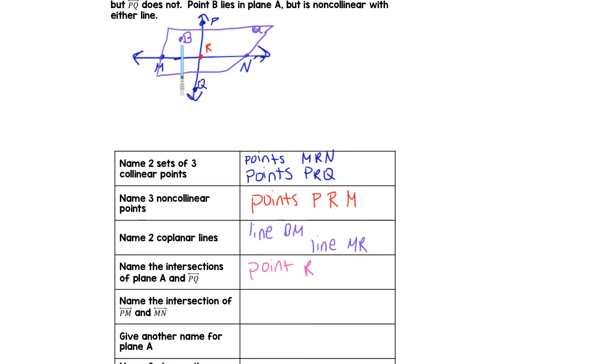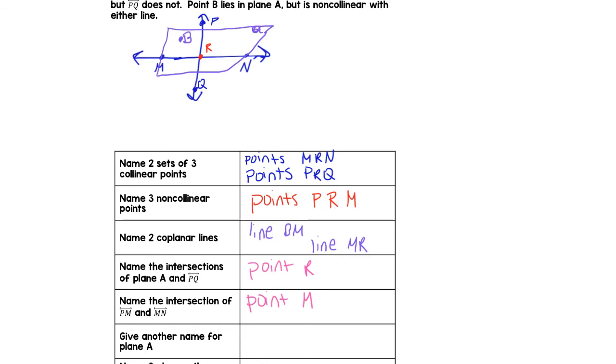So PM is a line, and MN is a line. Well, those only intersect at one point. You guessed it, point M. Two lines intersect at one point.